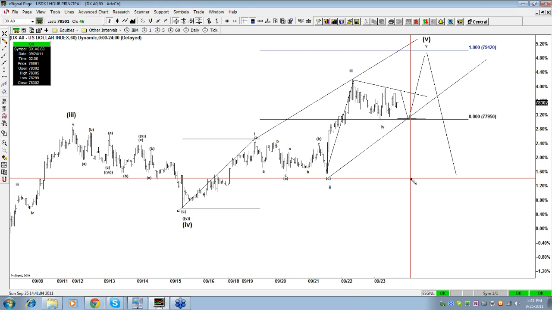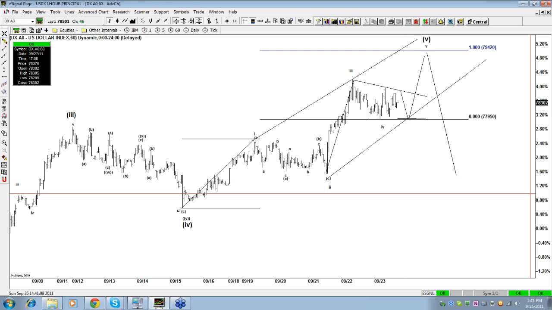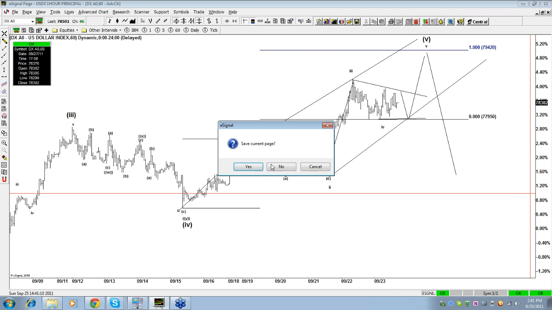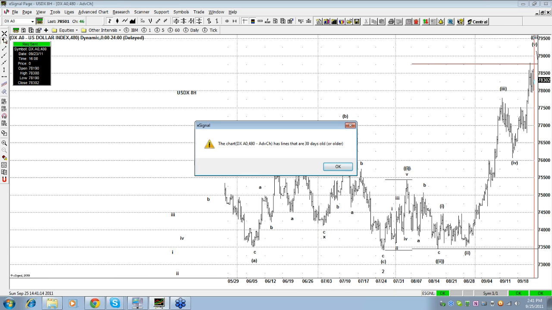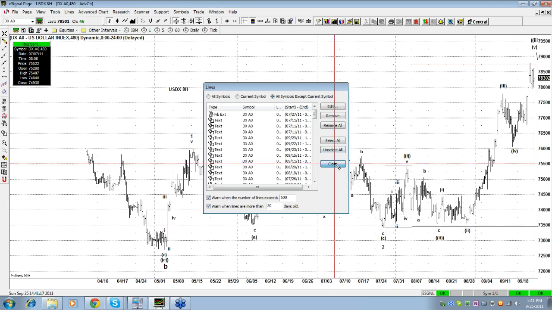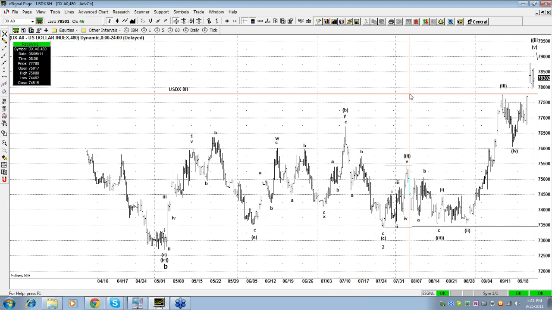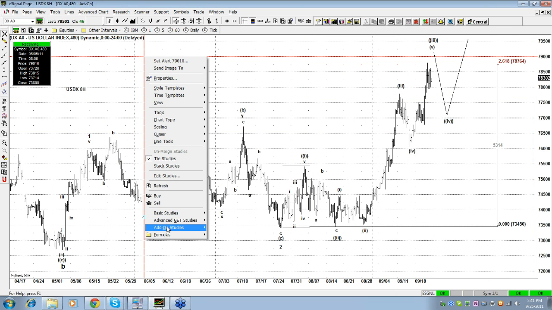But I know for a fact that the cycle is ending. As we get back right here, this is the 8-hour, and we put the RSI on it.